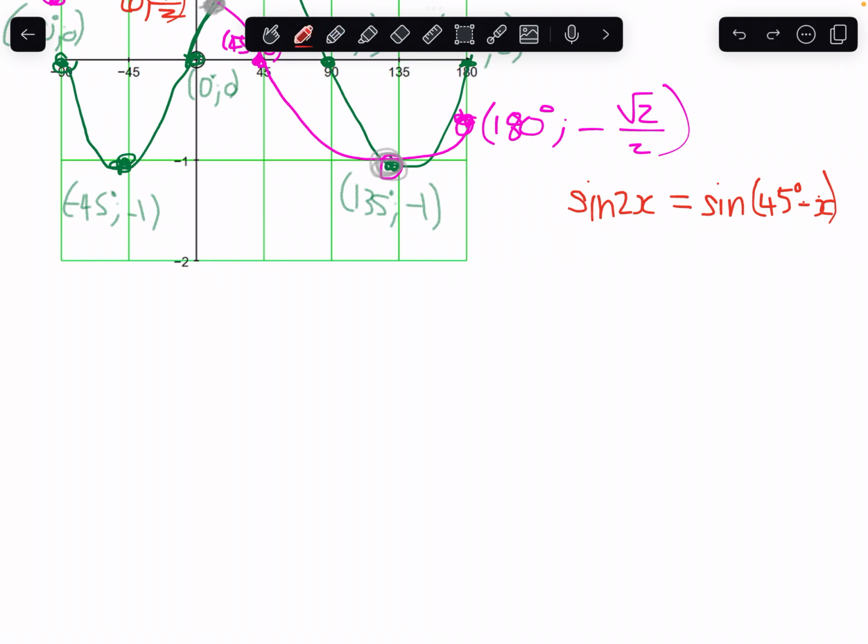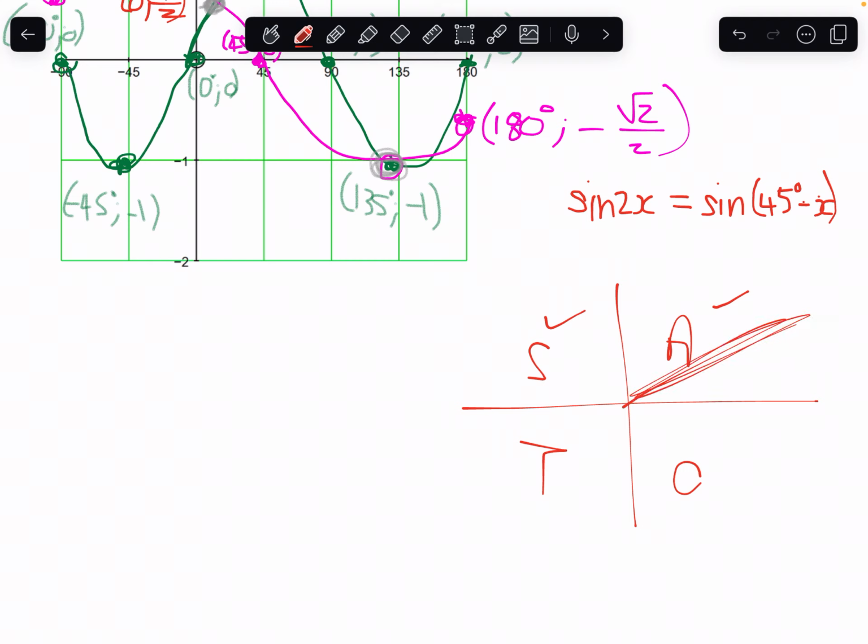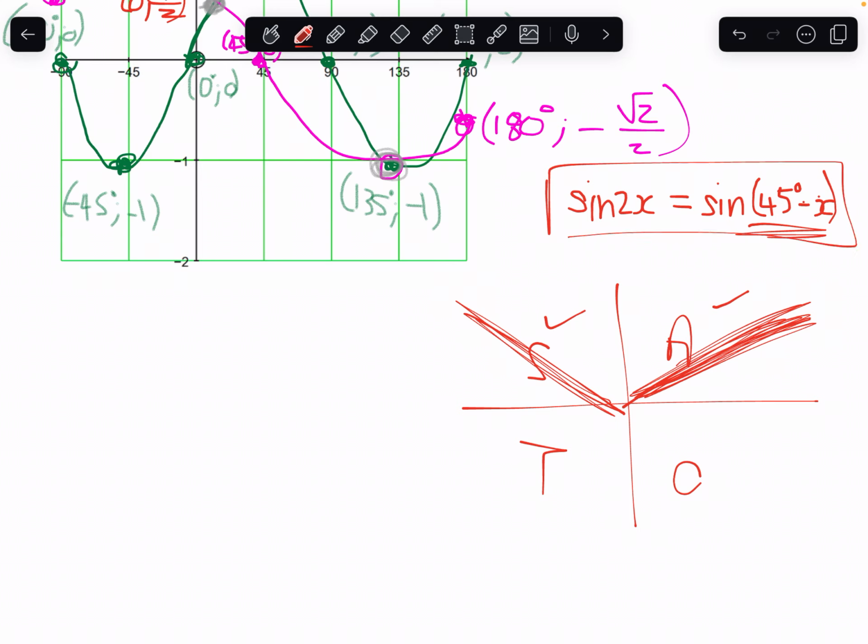And remember that there are two ways that this can be true. If we think about the places where we're dealing with a positive sine ratio, it is in this quadrant and in this quadrant. If 2x is some angle over here, then either 45 minus x is also over here, or it could be the related angle over here. So those are the two ways that this can be true.